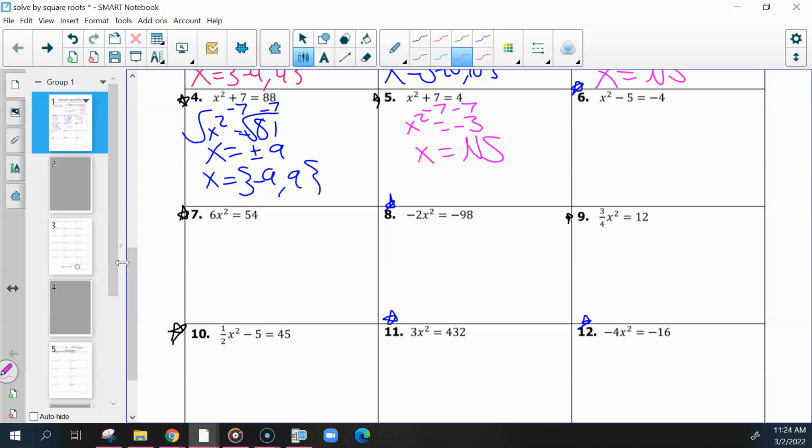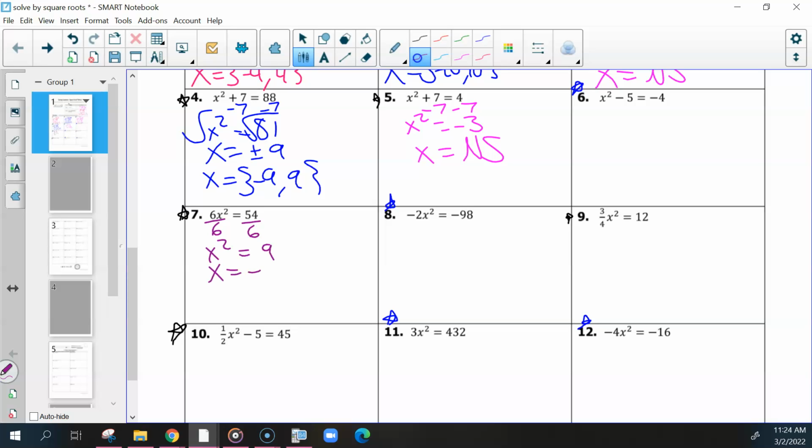Skipping to number 7, we still need to isolate the x squared. How would we do that? Okay. Divide both sides by 6. So x squared equals 9. 9 is a perfect square.